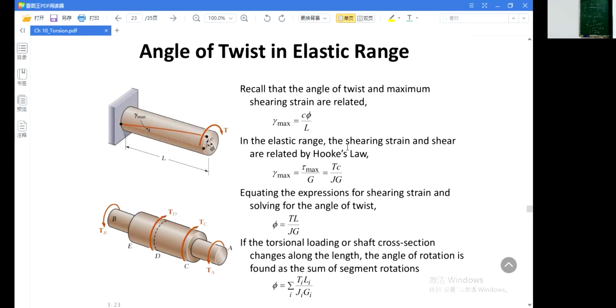Delete C, put L here. So we find phi is TL over JG.